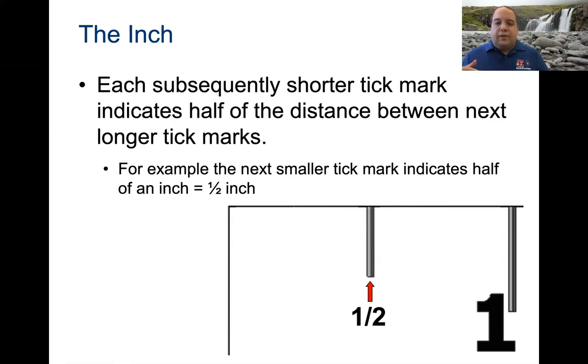Well, now you're going to have 16 lines that run across the ruler, 16 individual lines. Every time you cut a measurement in half, you're going to double the bottom number. Every single time. So we start off with a half because this is halfway.